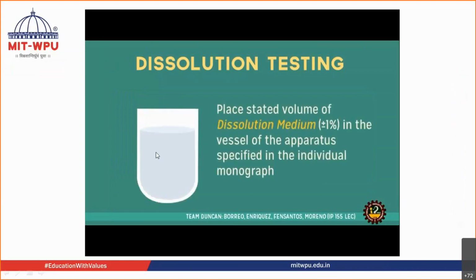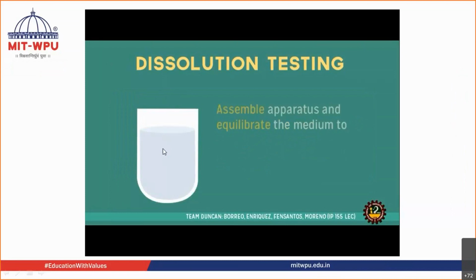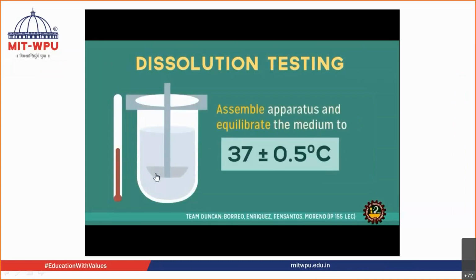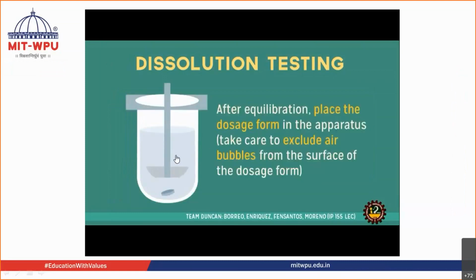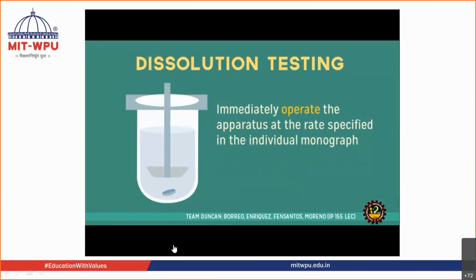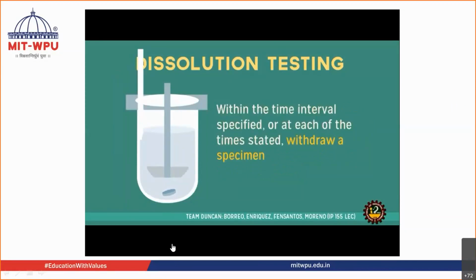So what you do is you place the dissolution medium. This is the paddle tab assembly. You adjust the temperature. You place the tablet. You start the machine, and now you are taking the sample. This sample has been taken.